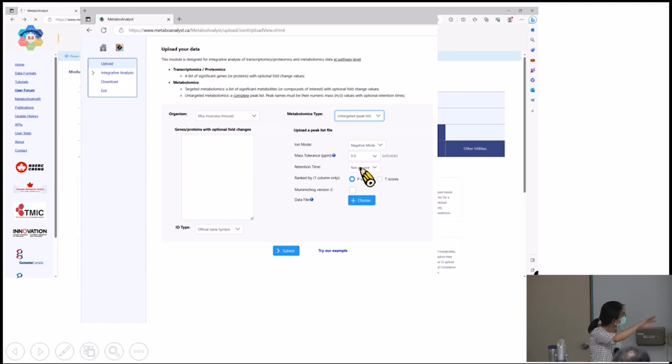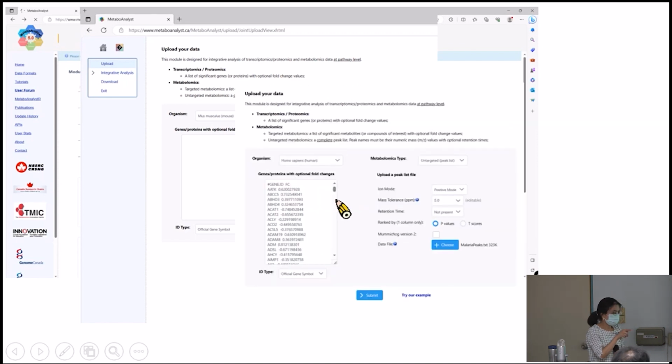And in the right panel, you can upload your metabolomics data. Then when you start the analysis, it will show you joint pathways that are probably present in both the transcriptomics and metabolomics data sets. So this is one tool that can help us integrate different data sets that we are interested in.